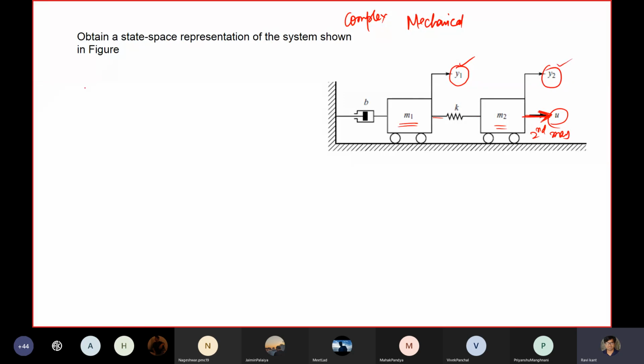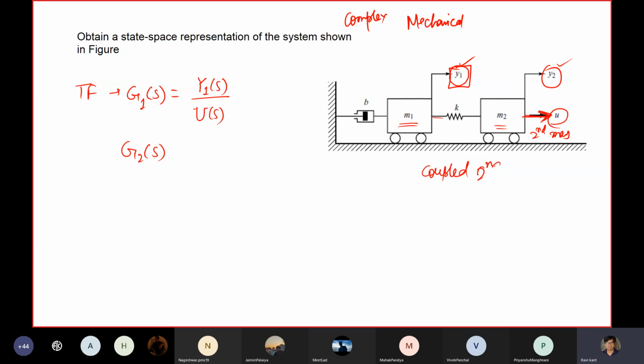So you may expect I may ask you the transfer function G1(s). Get me G1(s) as output y1(s) divided by U(s), and one more transfer function is included in this system. You can say it's coupled second order.